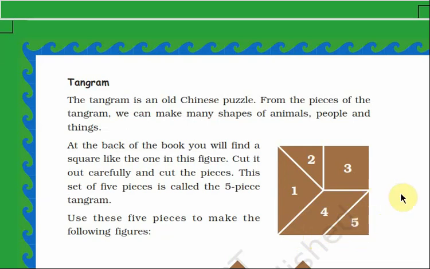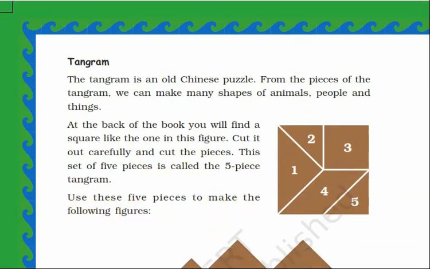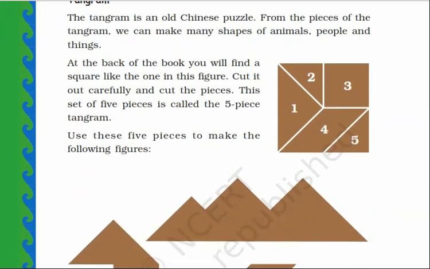So you have to cut these pieces today itself from your textbook. Tomorrow we will do the exercises on the next page using these pieces. So you have to cut it today itself. Be careful, don't damage. Cut it carefully through the lines given. Use these 5 pieces to make the following figures. Here some figures are being given.